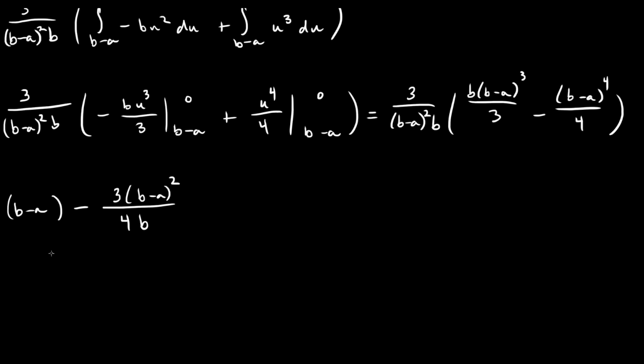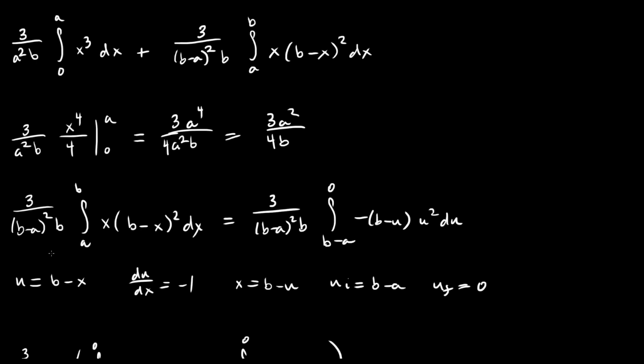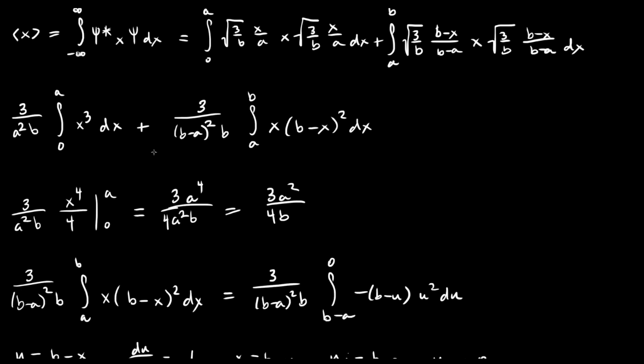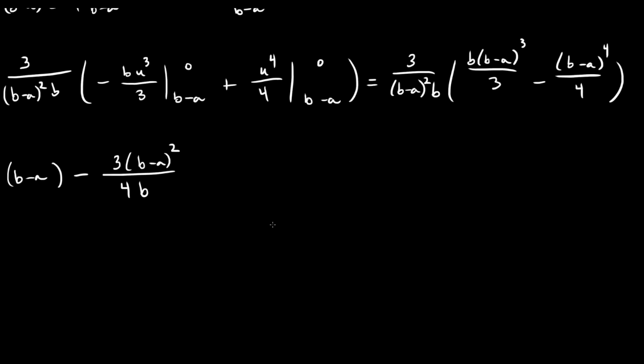And then now we have to go back up and see that this is what we got for the rightward integral, and then the leftward integral is 3a squared over 4b. So the expectation value of x is 3a squared over 4b plus b minus a minus 3(b minus a) squared over 4b.